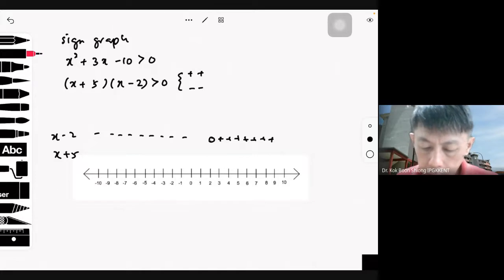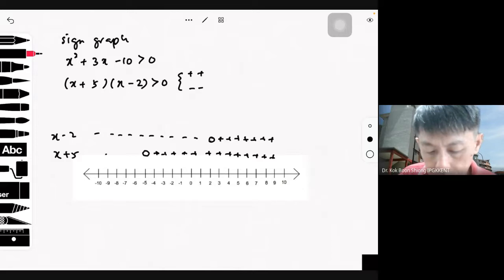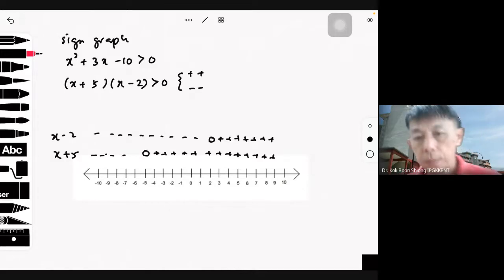When x equals negative 5, this is 0, and this side will be all positive, and this side will be all negative.